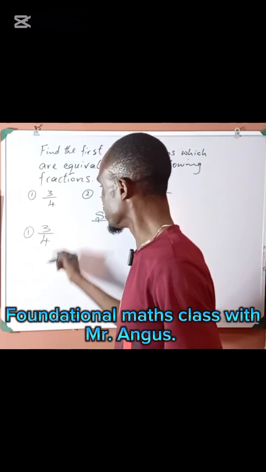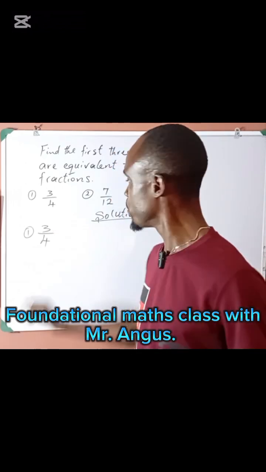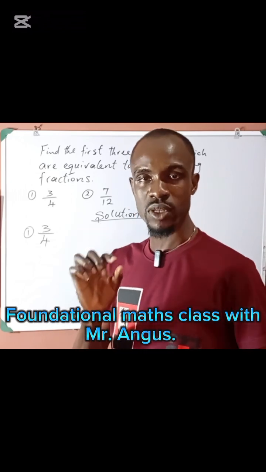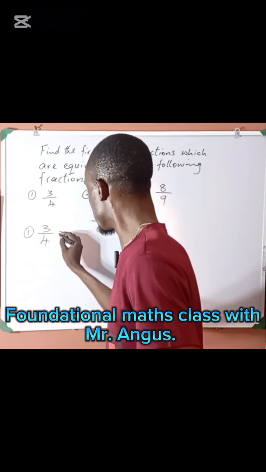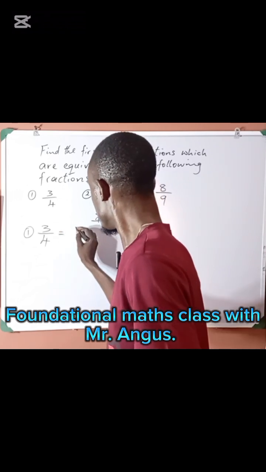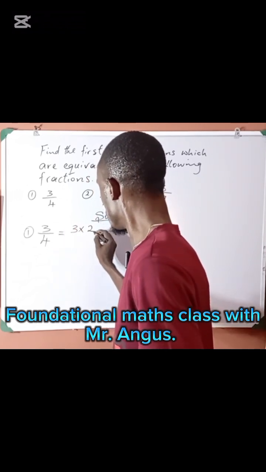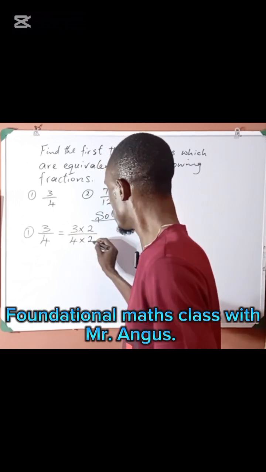The first one is, for us to get these fractions, we must first of all multiply both the numerator and the denominator by the same quantity or by the same number. Let's go ahead and do this. This is the same thing as having 3 times 2 all divided by 4 times 2.